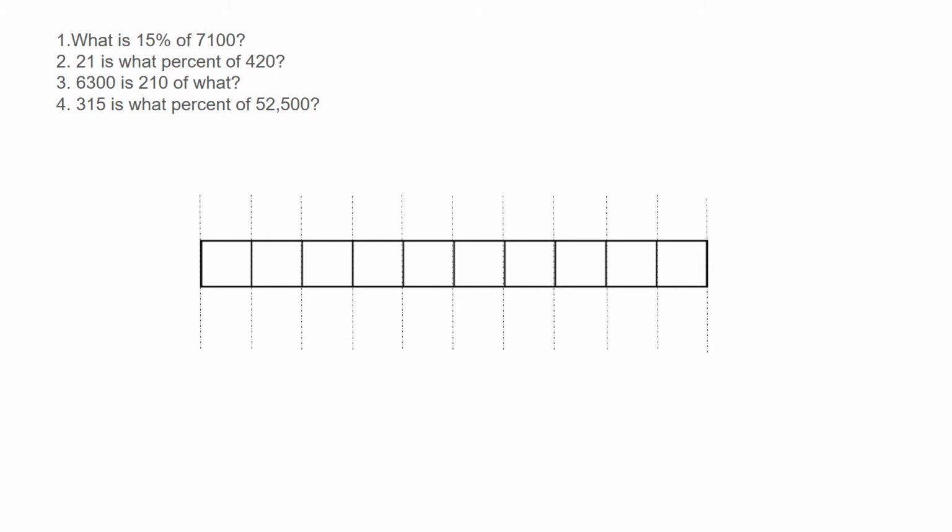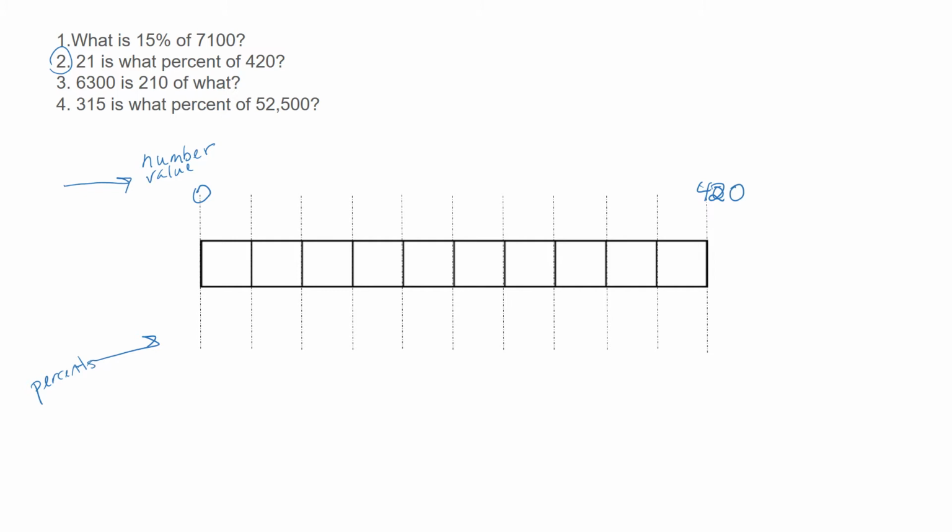So if I want to look at number 2 here, on the top I'm going to model the values, and on the bottom I'm going to do the percents. So I'm going to go from 0 up to 420.